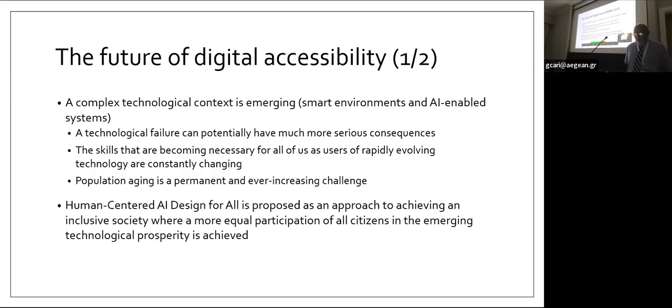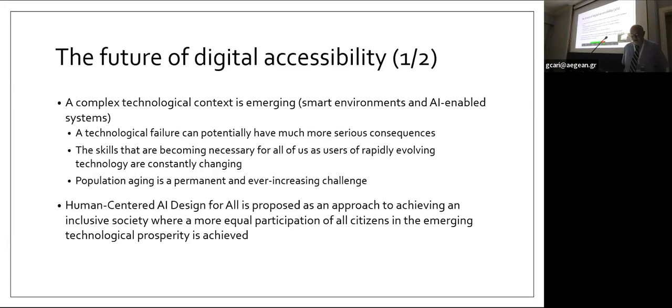In the emerging, more complex technological context, such as that of intelligent environments and AI-enabled systems, technological failure can potentially have much more serious consequences. At the same time, increased uncertainty is raised as the skills that become necessary for all of us as users of the rapidly evolving technology are constantly changing. Moreover, the aging of the population is a permanent and ever-increasing challenge. As we get older, we have many impairments and disabilities.